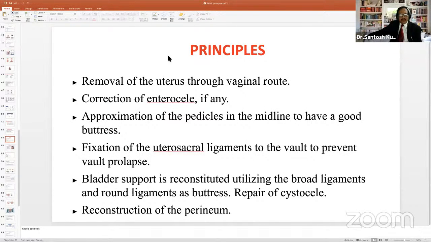So the principle of all repair is removal of the uterus through the vaginal route, correction of enterocele, approximation of pedicle in midline to give good support, fixation of uterosacral ligament to the vault to prevent prolapse. Bladder support is reconstituted utilizing broad ligament and round ligament as buttress to repair of cystocele and reconstruction of perineum.